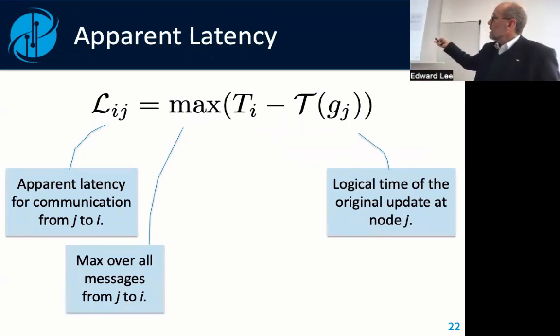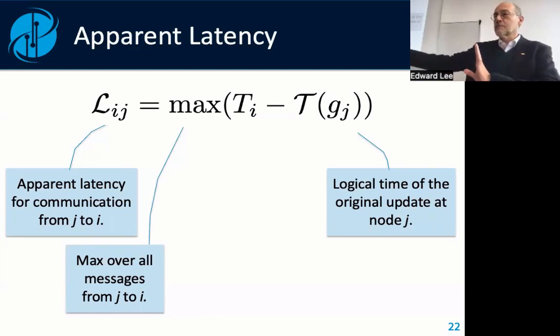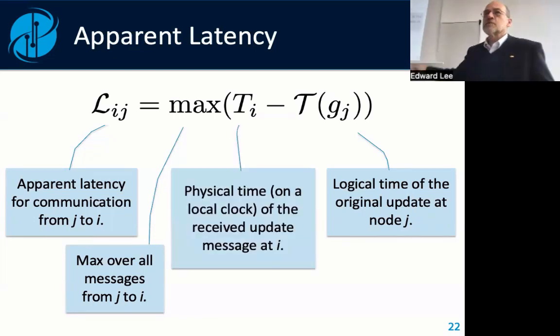But now this is the logical time of the event at the originating node. Remember that that is probably relative to the clock at the originating node. It's probably taken from a physical clock at some remote node. That's a logical time that comes from a remote node. And then this time is the time at which we process the event on this node.